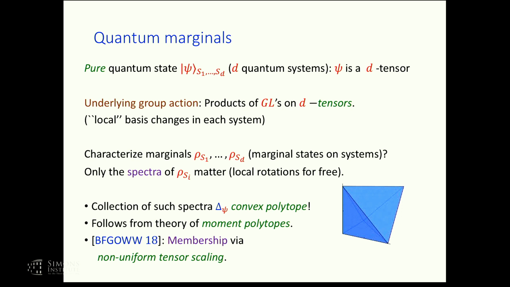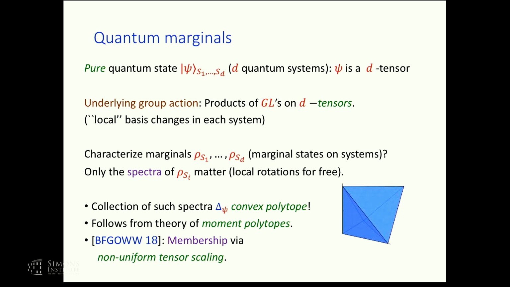Here you are given a d-partite state, so it's a quantum state which can be represented by a d-tensor, and there's again an underlying group action there. Every one of the d players can change basis for itself, and you ask what the set of marginals of this object is, given that I give you a tensor.